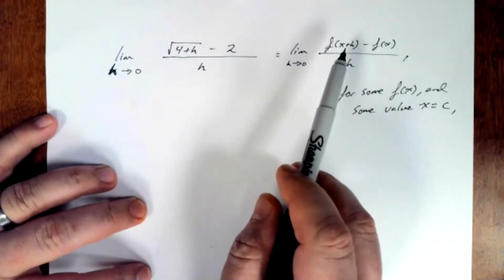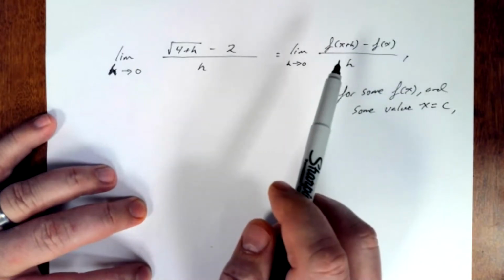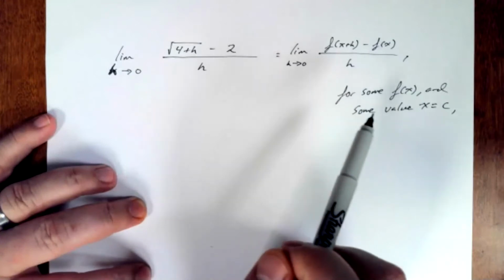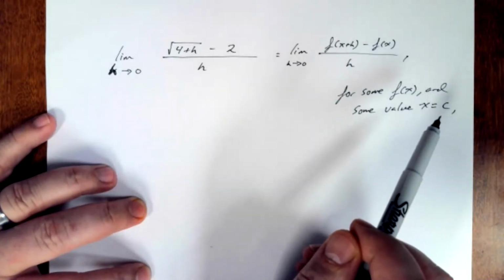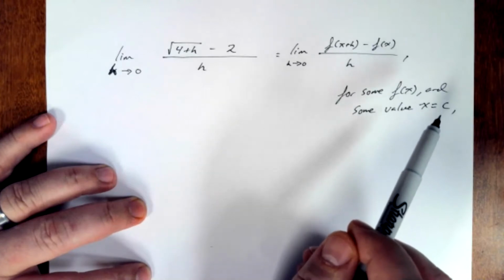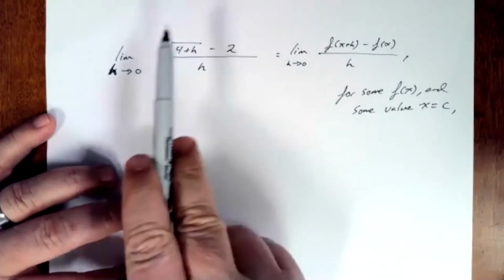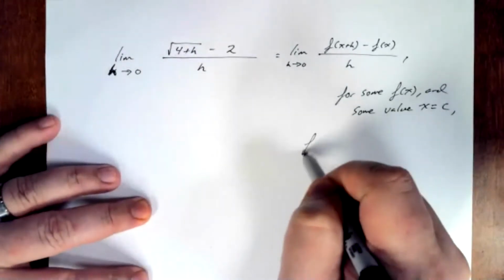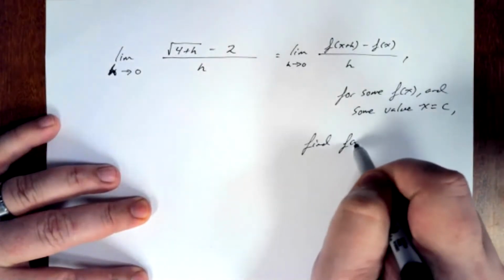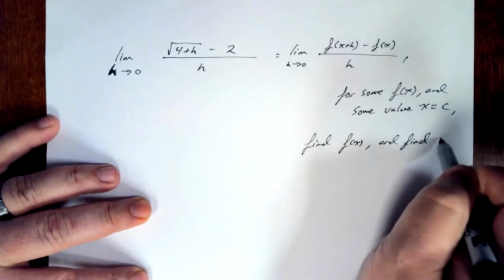So I have a function, which I'm not telling you what it is. And I'm telling you that I'm evaluating it at c. And when I do that, I get this. Find f of x and find c.